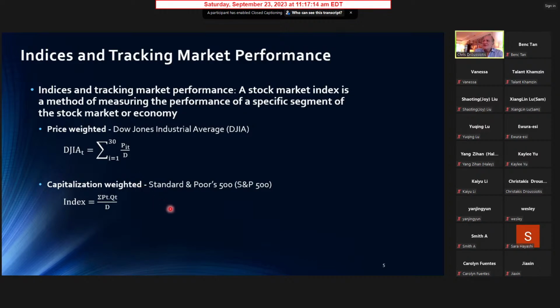But the best measurement of the economy and how the stock market is doing is the second one, which people use in every textbook. They use it also in every comparison of the portfolio. It is called the Standard & Poor's 500, the S&P 500. This, by the way, is the 500 largest companies in the US.